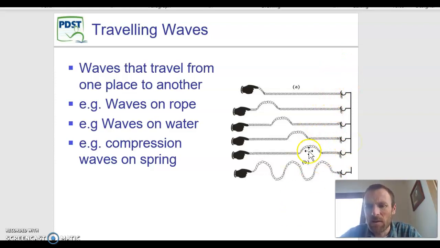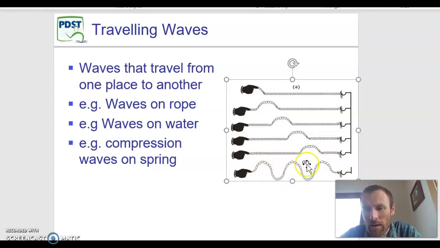We might get a reflection, we might have the wave be absorbed. And this last picture here is showing more of a continuous oscillation instead of just an individual pulse. Here we're wagging the rope back and forth to create not just a pulse, but a wave pattern that we can see here.